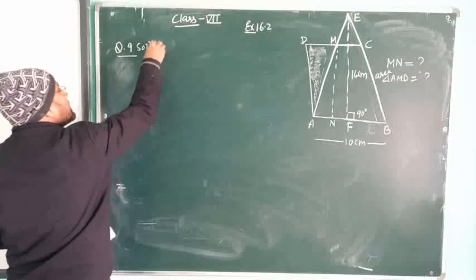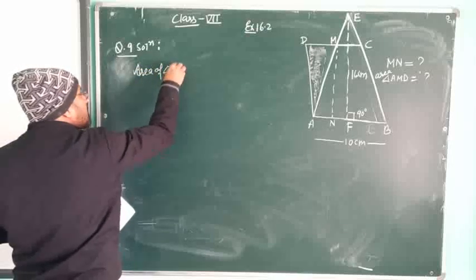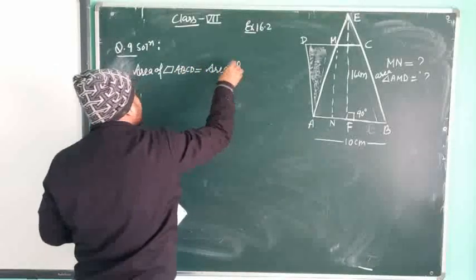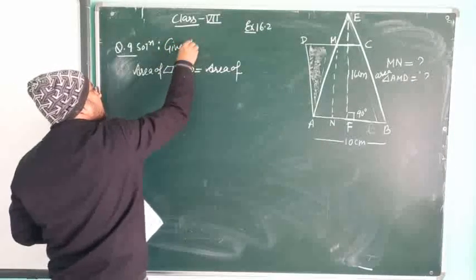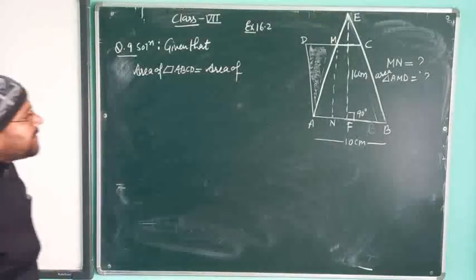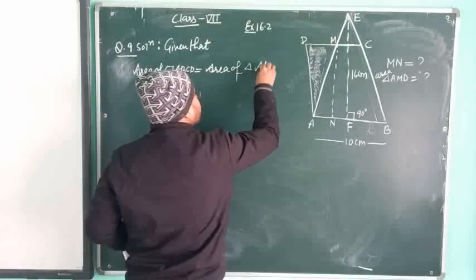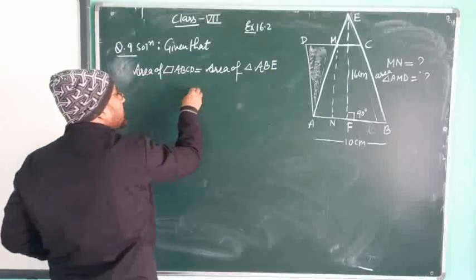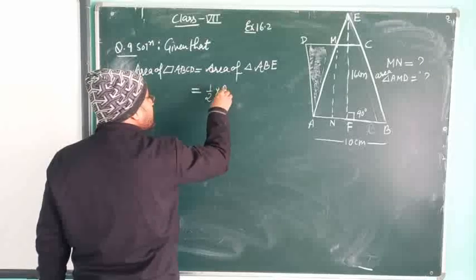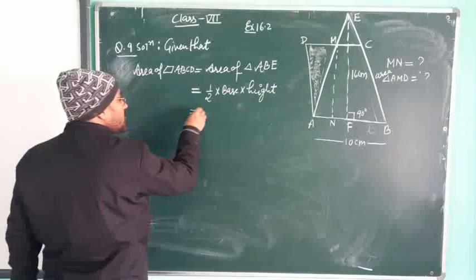It is given, students, that the area of parallelogram ABCD is equal to the area of triangle ABE, and we know that the area of a triangle ABE is 1/2 base multiplied by height.